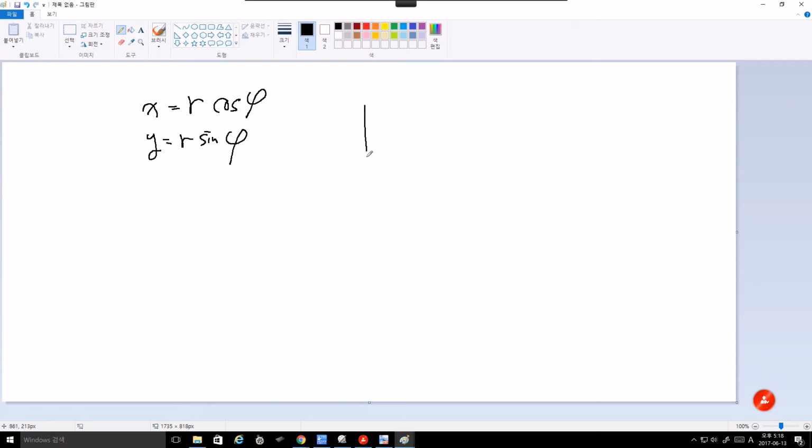So basically this is the x, y. This is the length of r.